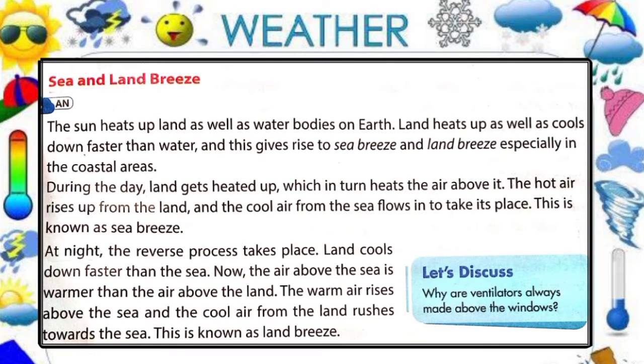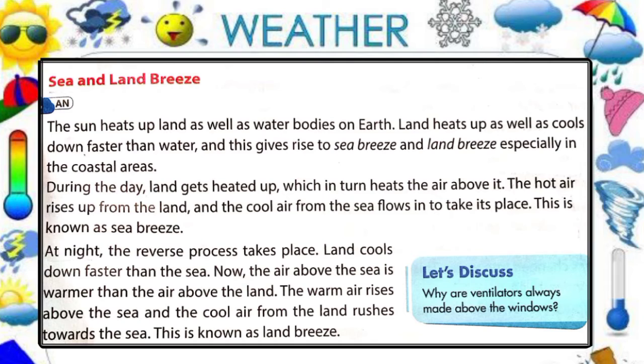Now let's understand what sea breeze and land breeze are. As you know, the sun heats up land as well as water bodies on earth, and land heats up as well as cools down faster than water, and this gives rise to sea breeze and land breeze, especially in coastal areas.